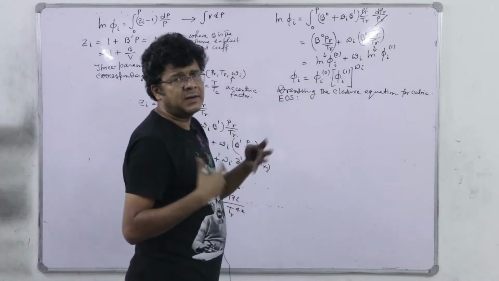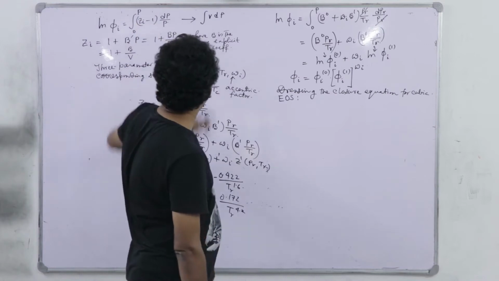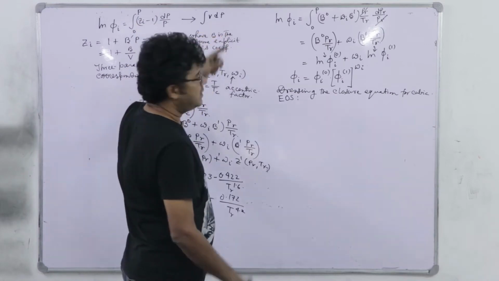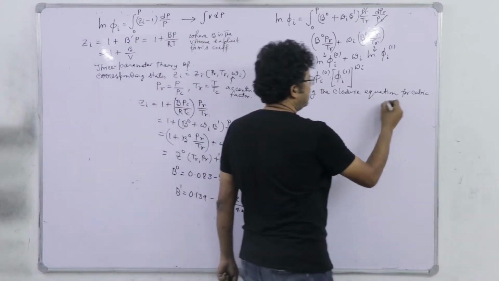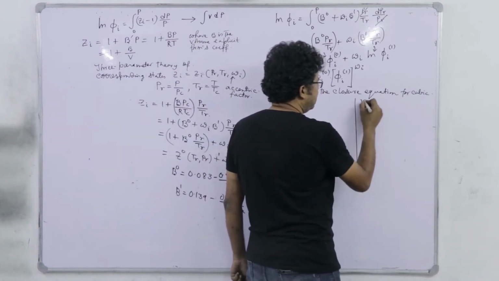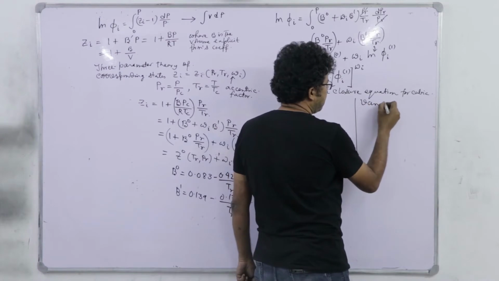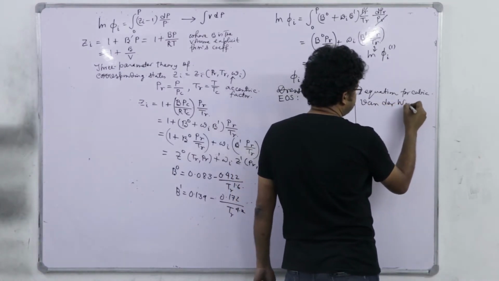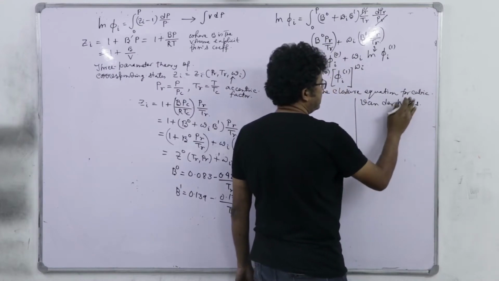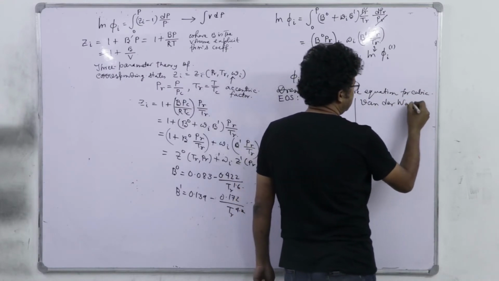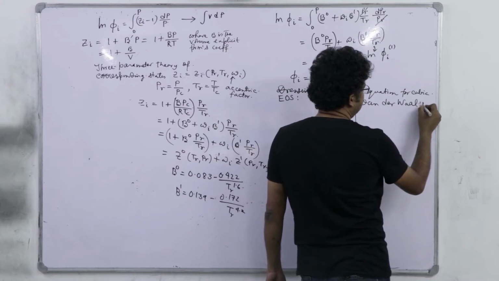We have to mathematically manipulate and change this form from V dP to P dV, because if you look at the cubic equation of state, the typical one is the van der Waals equation.